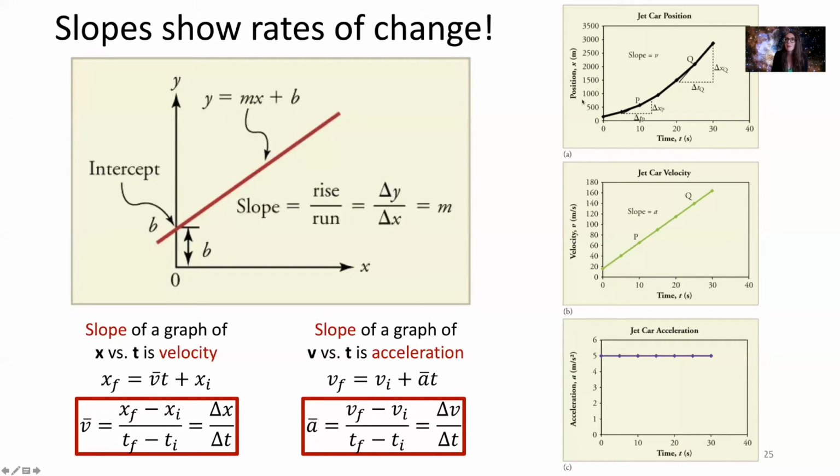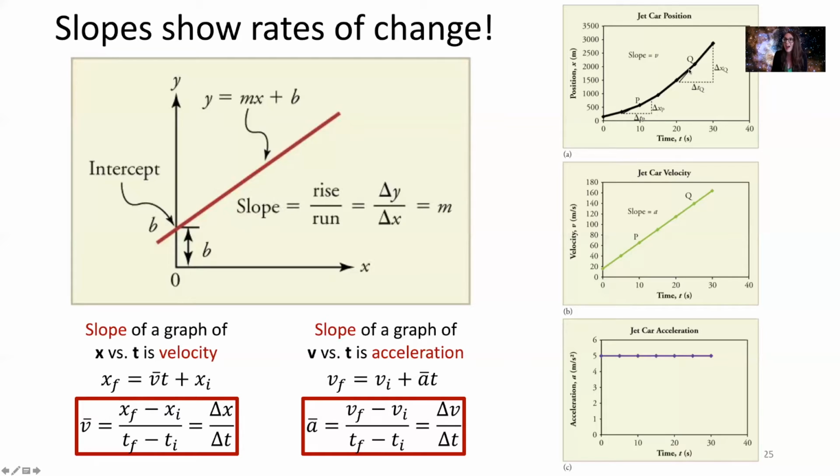So here I have a couple examples. Here we have the position of a car versus time, okay? And we have the plot shown of the position over time. And at any place along here, between any 2 points, we can calculate the slope, the rise over the run. That slope would give us the velocity between those points, okay?